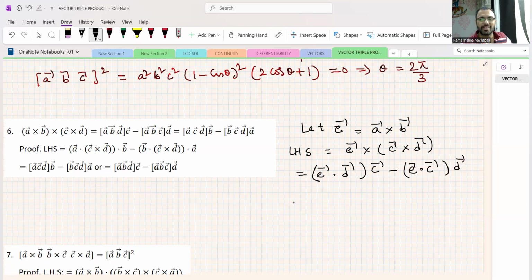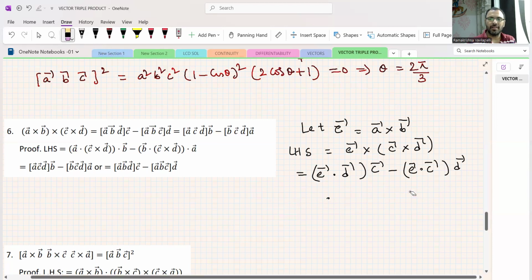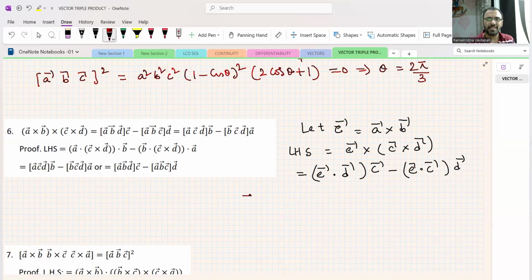All right. So what is meant by E dot D? E dot D is nothing but E dot A cross B. Let me rewrite that. E is nothing but A cross B, so this is A cross B dot D bar, whole into C bar vector, minus, wherever E bar is there, you put A cross B dot C into D bar.